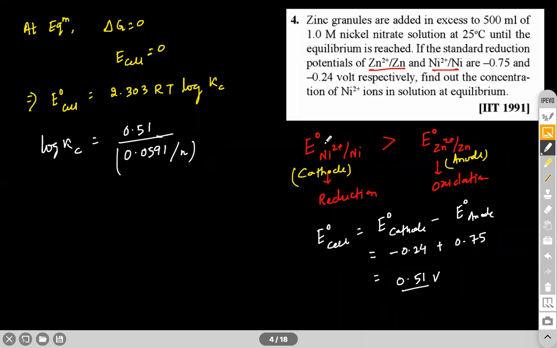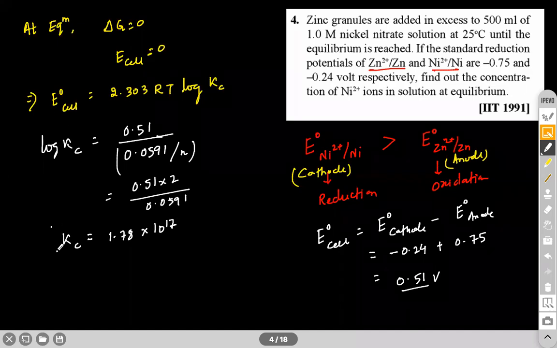N is nothing but 2, right? So this becomes 0.51 into 2 divided by 0.0591. So when you solve this, you'll get Kc is equals to 1.78 into 10 to the power 17. This is the value of equilibrium constant we get.